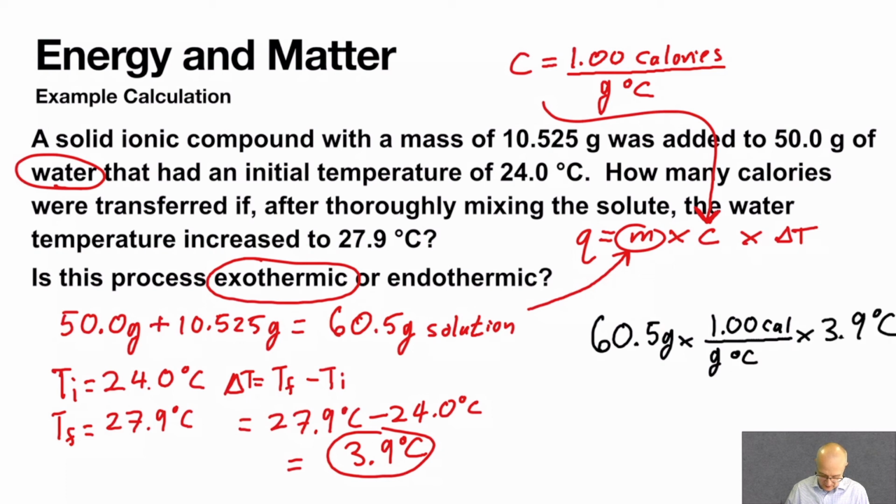All right, and start canceling units. Left with only calories. So that tells me that, first of all, I'm doing everything right. Everything's set up correctly. It doesn't tell me if I did these numbers right, though, so make sure you're careful with those. Now, this is just telling me to multiply 60.5 times 1 times 3.9.